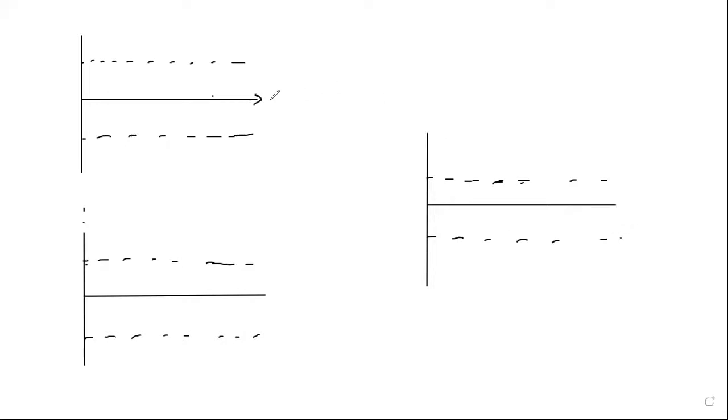Okay. So this is T, this is T, and this is T. Now, this is the message signal, which is superimposed on the carrier signal.